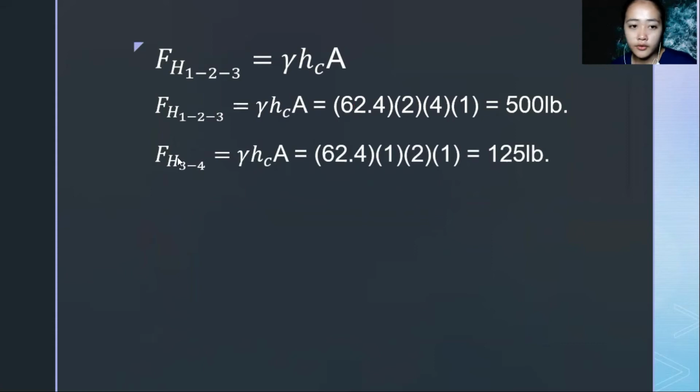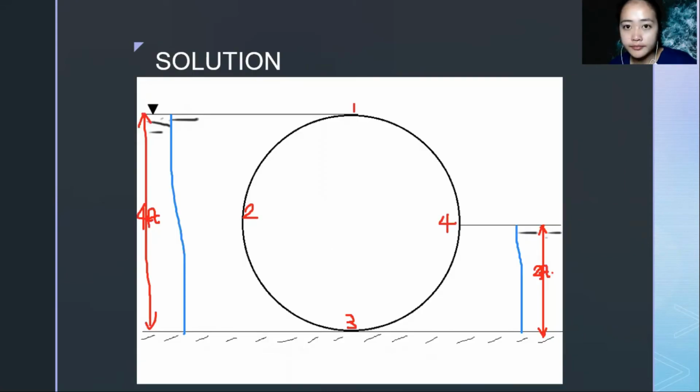So the horizontal force at 3 to 4 is equal to 62.4 times 1 times 2 times 1. So this is equal to 125 pounds. Next step is we're going to get the vertical forces.